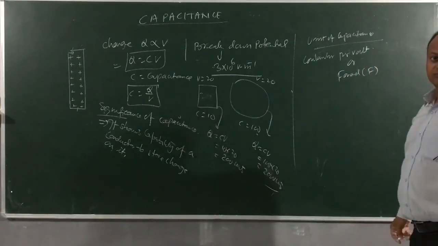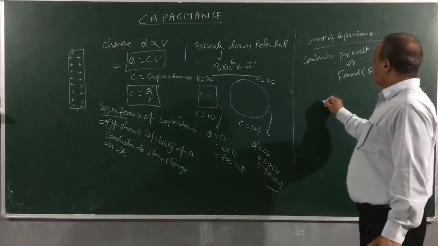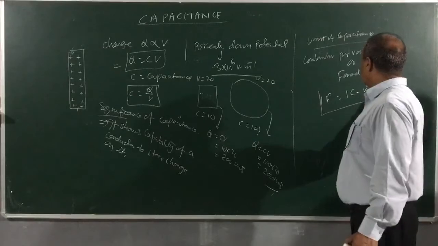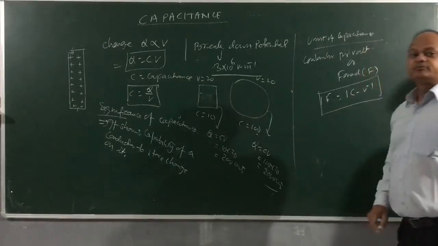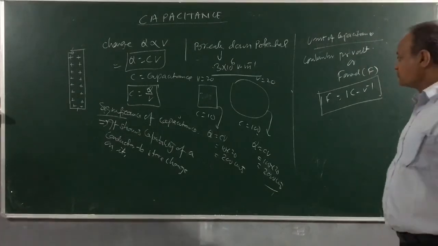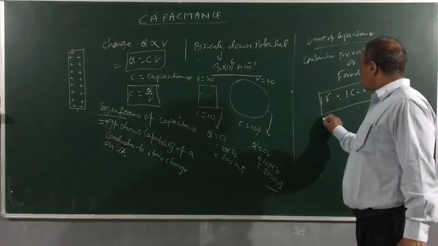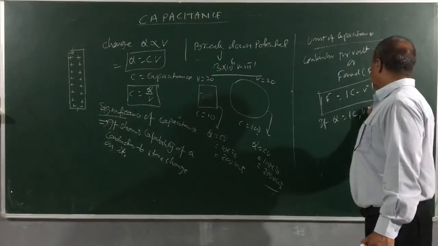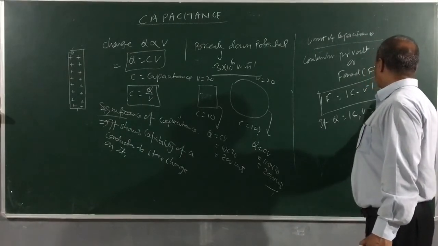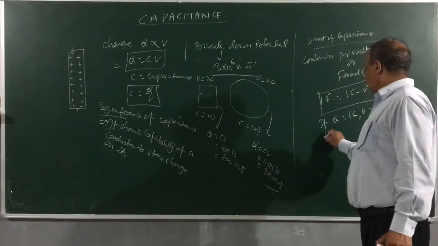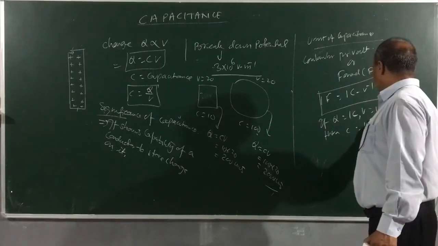F. Right? Where 1 farad is 1 coulomb per volt. Very important. 1 farad is 1 coulomb per volt. So how will you define capacity of 1 farad? If charge is equal to 1 coulomb, V is equal to 1 volt, then C is equal to 1 farad.